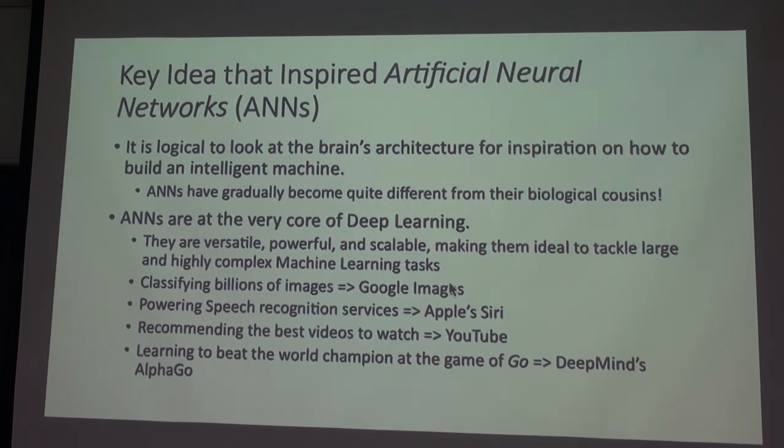So human intelligence comes from the brain, right? So it's natural to look at the architecture or the structure of the brain. So ANN actually gets inspired from the brain architecture.